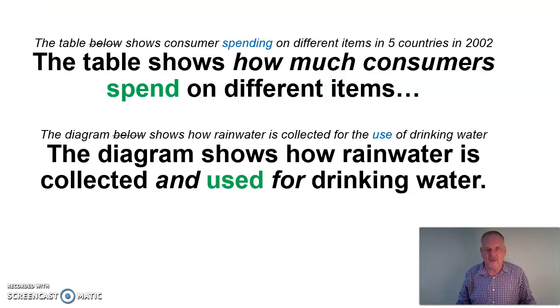Again, you can see that the sentences haven't changed their vocabulary a lot, but they have changed their structure. You can also see that in the original sentence it says the diagram below or the table below. When you're paraphrasing, you can't say that. You can't say the diagram below because there will be no diagram. So that's a free tip for you.